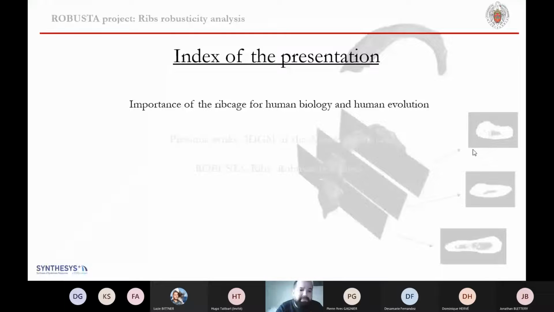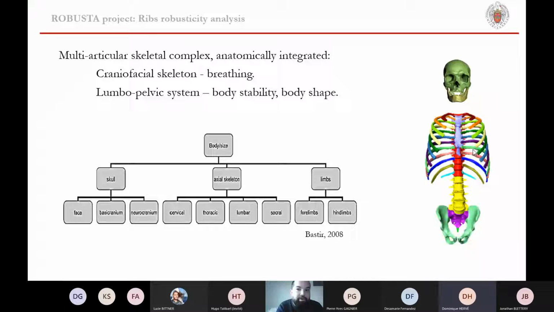So first of all, talking about the importance of the rib cage for human biology and human evolution, the rib cage, as you all probably know, but sometimes the rib cage is not as well known and well studied as it should be. So the rib cage is a multi-articular skeletal complex which is anatomically integrated.